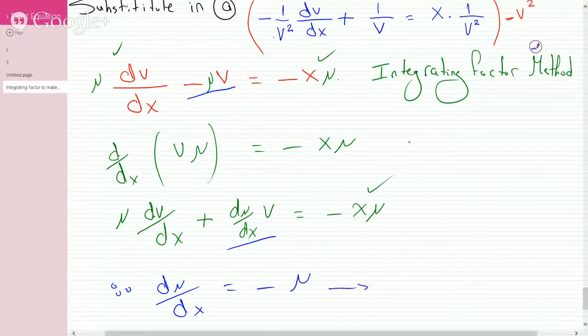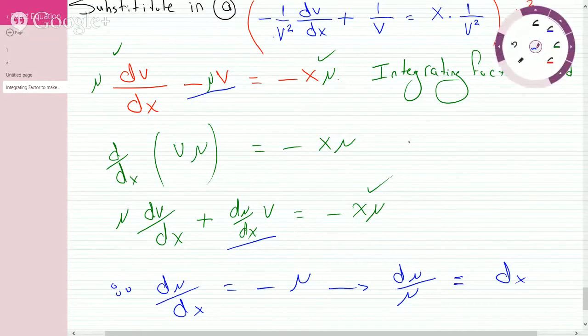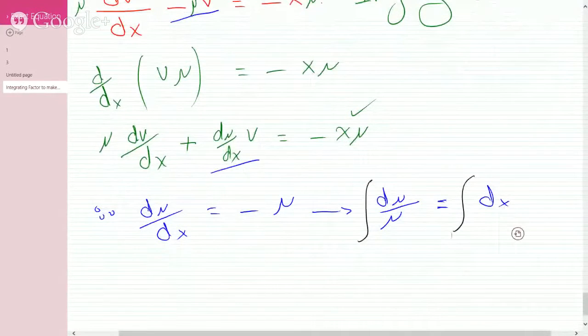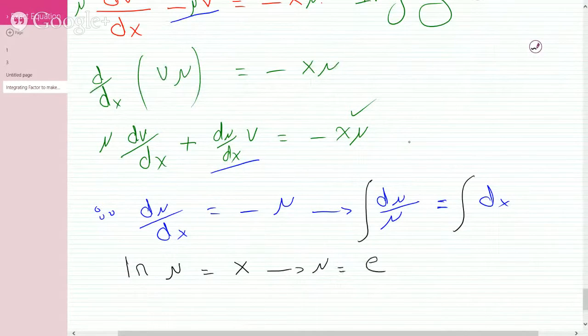Separate the variables, so you get d mu over mu equals dx. And now do what? Integrate both sides. And we're going to get ln mu equals x, which means mu equals e to the x. So this is our integrating factor.